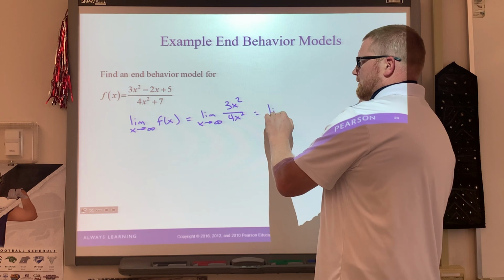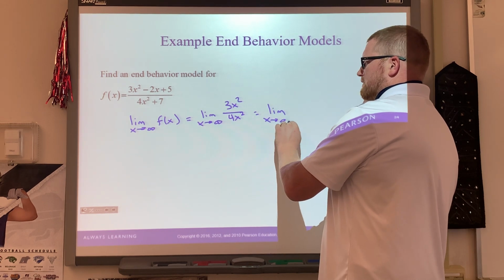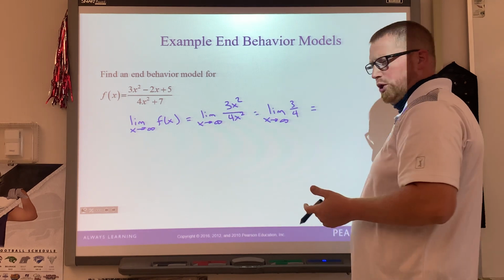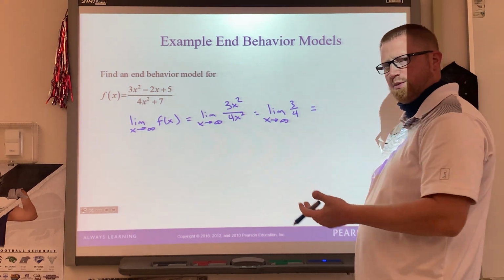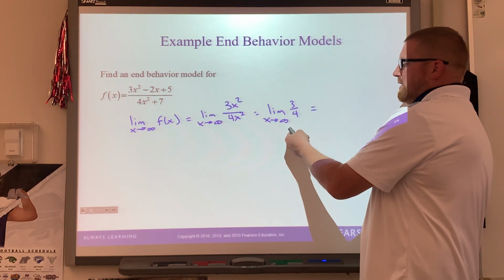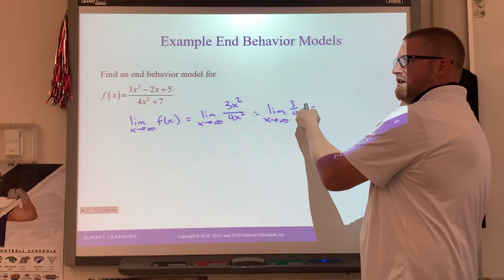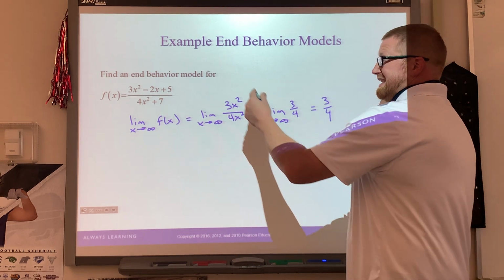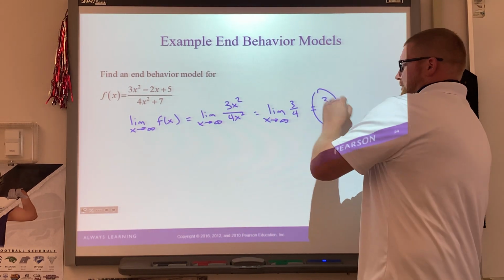That's just the limit as x approaches infinity of 3/4. In class, what we learned, according to those properties, is that the limit as x approaches infinity of a constant is just that constant. So the end behavior model is 3/4.